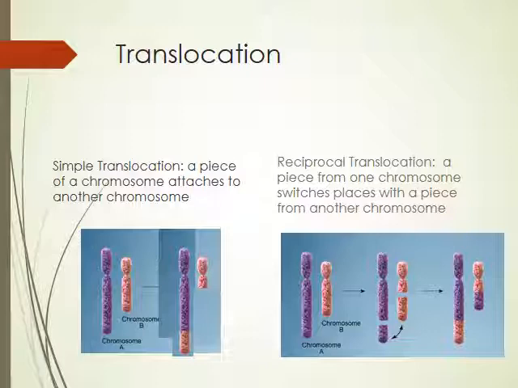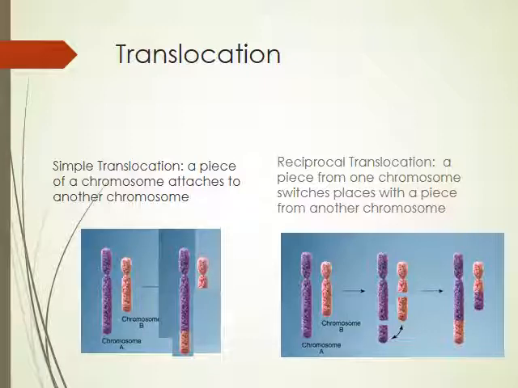So it's as if you have A, B, C, D, E, and the C and the D got pulled out and flipped upside down and then put back in. All right, how about A, B, C, D, E, Y, Z?